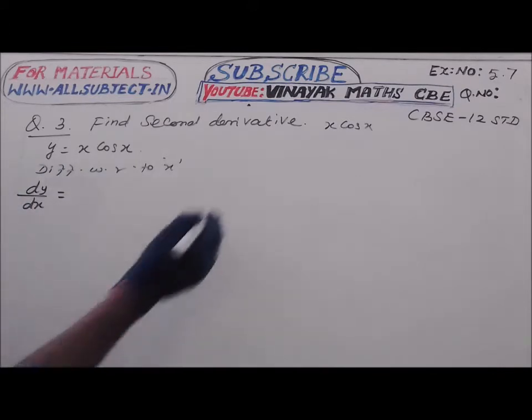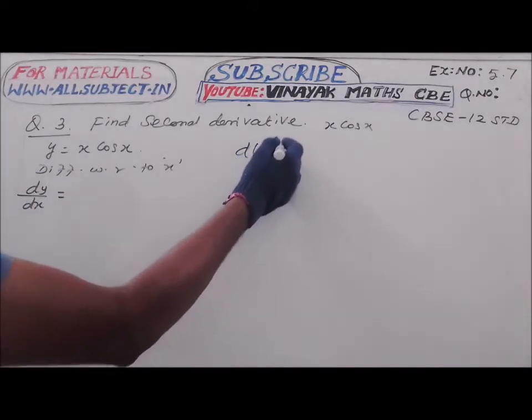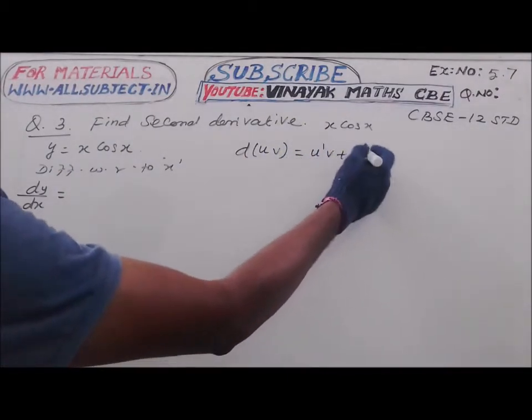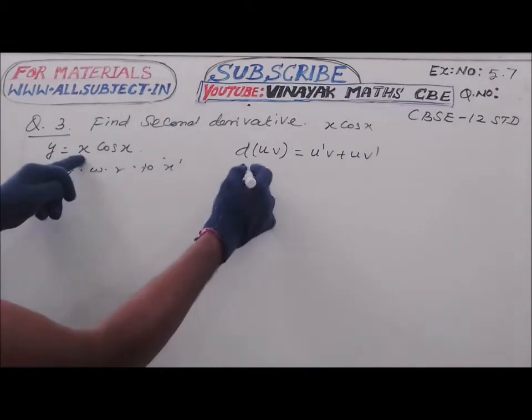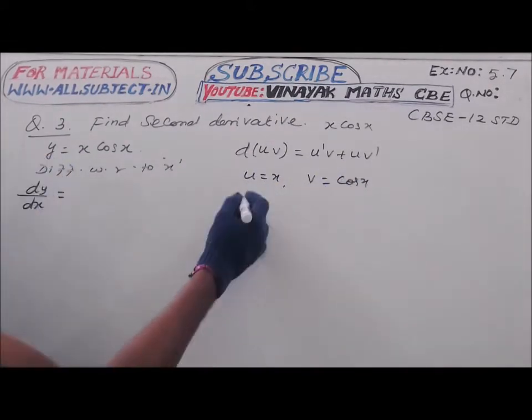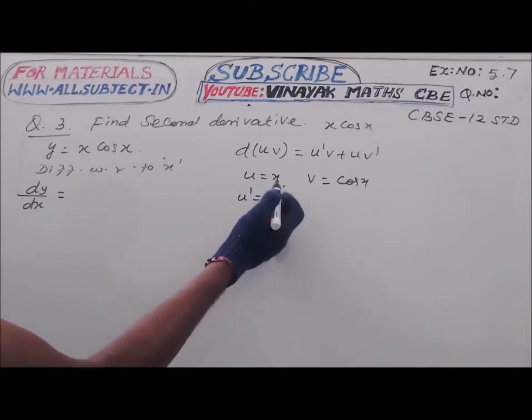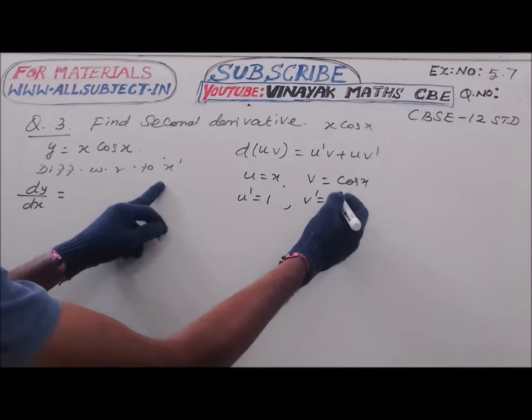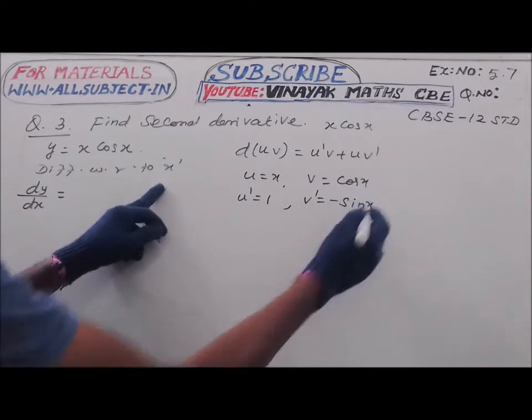When the functions appear in product, we should use the product rule of the derivative, u dash v plus u v dash. So u equal to x and v equal to cos x. u dash is equal to 1 because the derivative of x with respect to x is 1, and v dash is equal to the derivative of cos x, which is minus sin x.